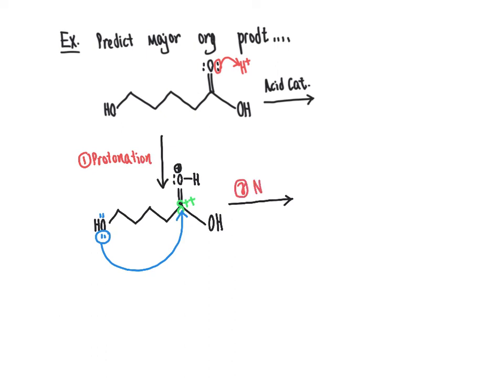Second step is that the nucleophilic alcohol group attacks the electrophilic protonated carbonyl group. And this is an intramolecular reaction because we have both functional groups that we need to react within the same structure.